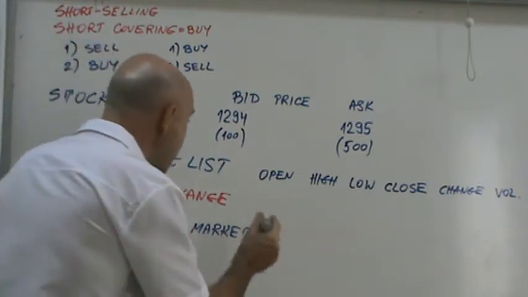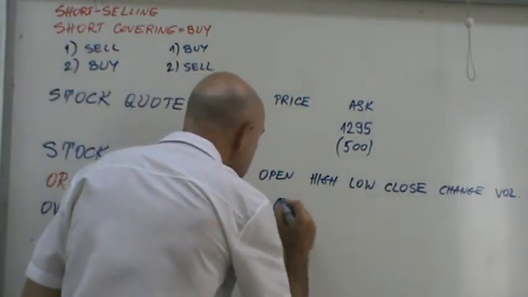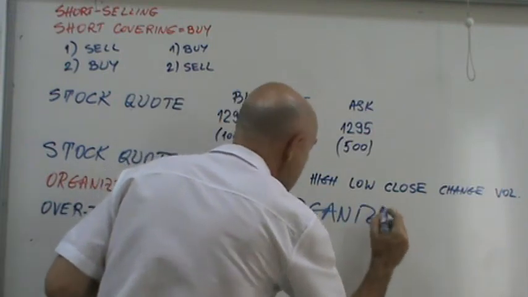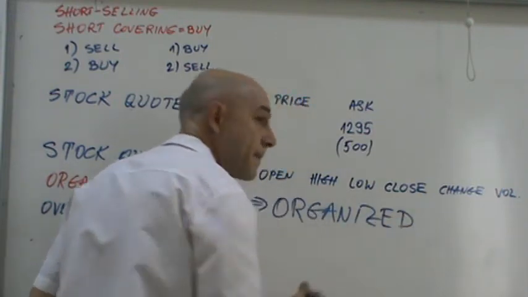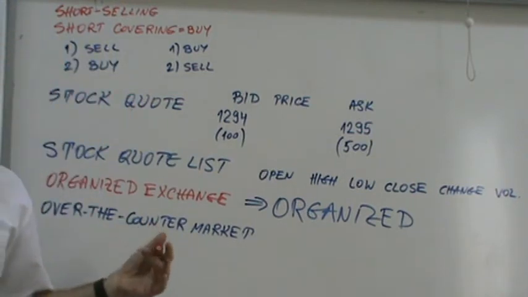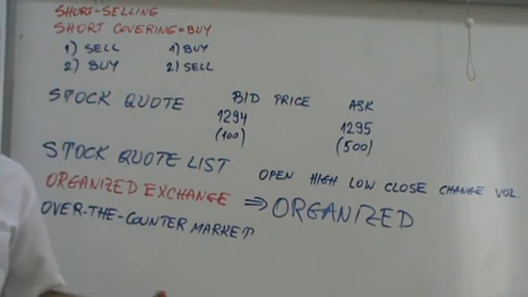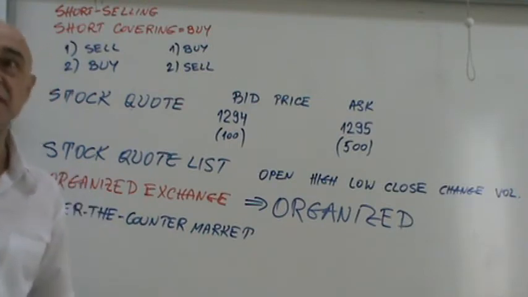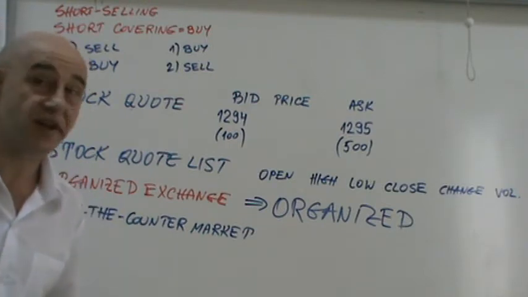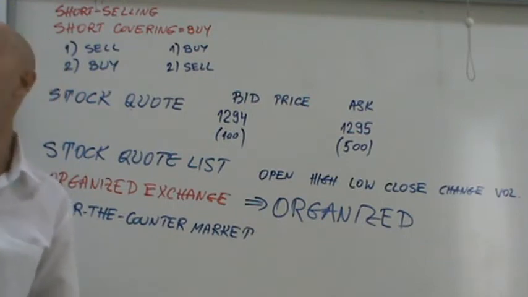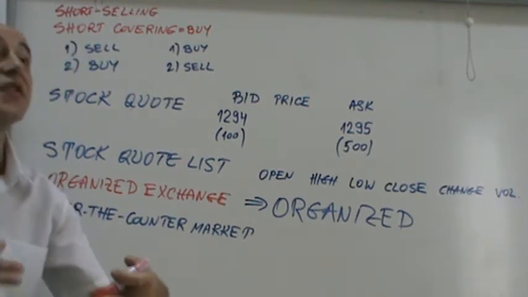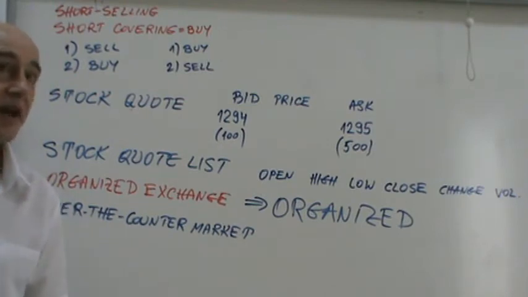So the exchange is characterized, the key characteristic is that it is organized. It is an institution. It's got a name. It's got a location. Usually it is designed to be for profit. It will have rules, it will have regulations, it will have members, everything's very well organized, okay?